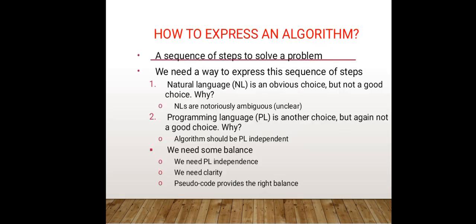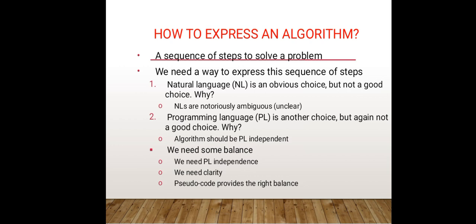Okay, now let's look at how to express an algorithm. So we have a sequence of steps to solve a problem. We need a way to express this sequence of steps. It can be natural language, which is NL, which is just an obvious choice, but not a good choice. Why? Because natural language is notoriously ambiguous, unclear, it really leaves you blank.